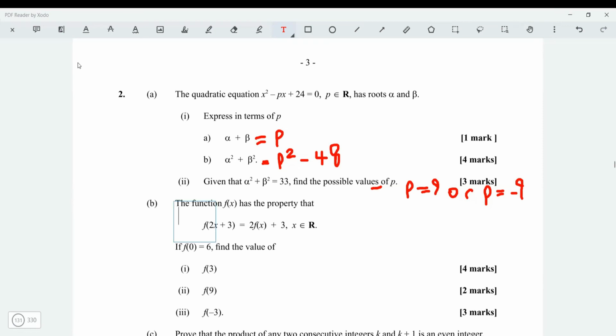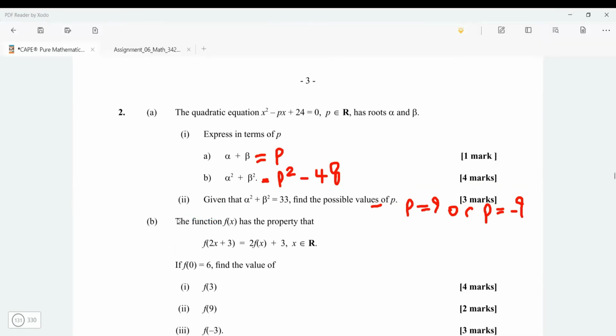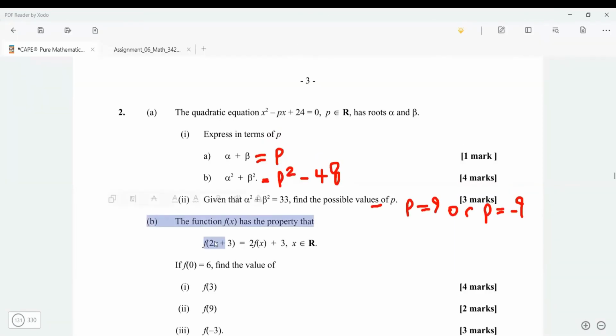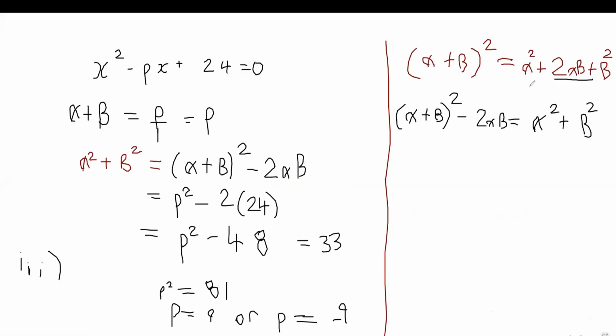All right, so let's go ahead and do this. It looks pretty weird. Let me get rid of this. All right, I'm able to copy now. We need to find f of 3, f of 9, and f of minus 3. So let's go ahead and do that now, Marika. Let us have some fun.